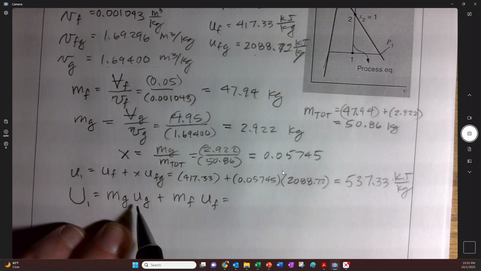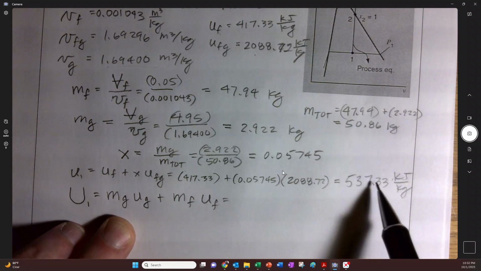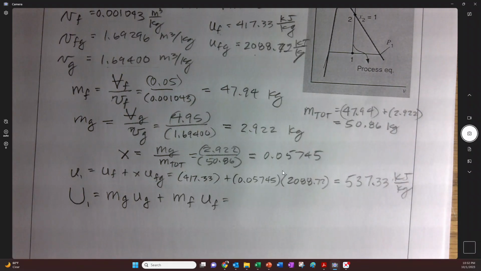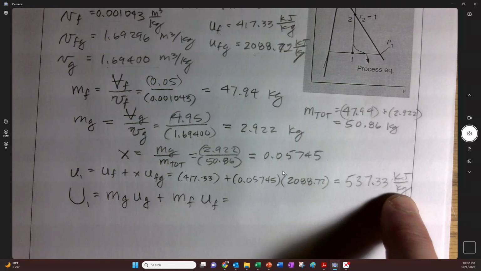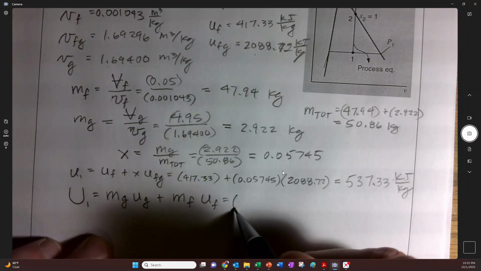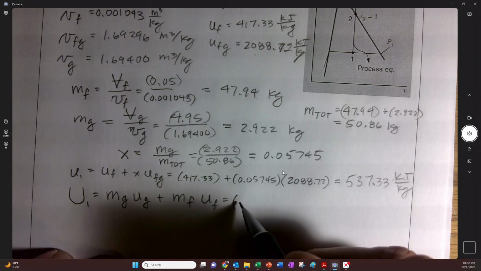I'm going to check if I multiply 50.86 times that, would I get the same thing? 27,330. Yes, I get the same thing. So I could have multiplied that by that, but I did this instead. I think that just makes sense. Okay, that's like math 101.